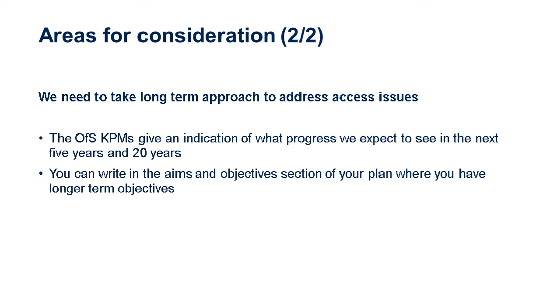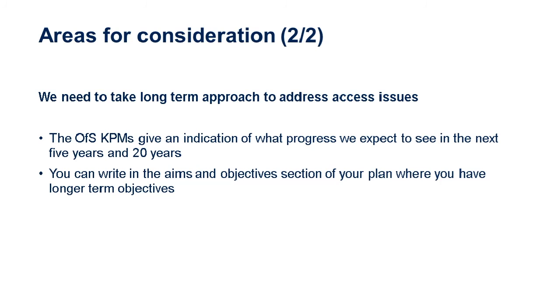In terms of ambition, you'll see that the OFS itself has set key performance measures in this space for the sector, which I think does provide quite a clear sense of our own level of ambition and gives a clear indicator to providers in terms of the level of ambition we might expect to see in your own plans. Now, like us, you might set your objectives, which you expect to achieve over a much longer time frame.